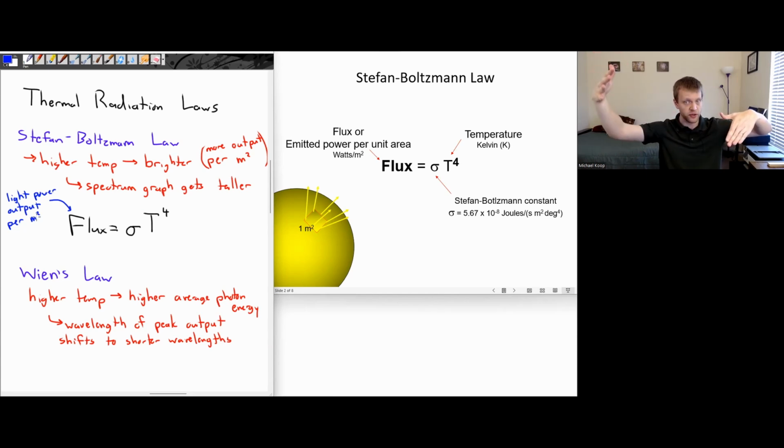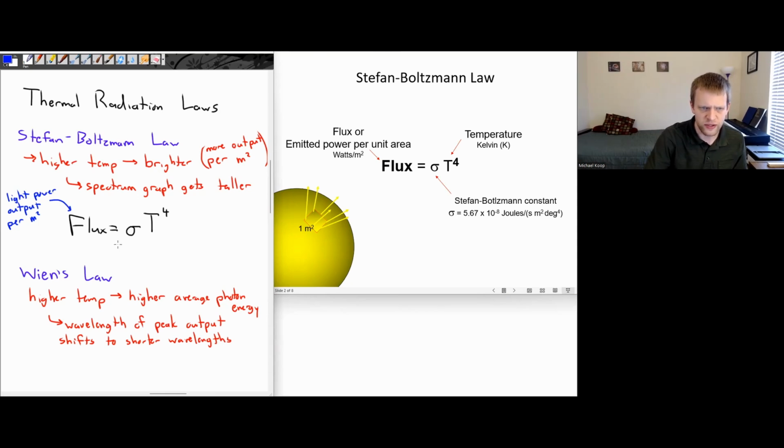What is that power output? And this would be given in watts per square meter. If you think of watts, you might think of light bulbs. What is the power output of that light bulb? And in this case, we're saying how many watts per square meter. If I heat up this object, every square meter of this object is giving off this much energy.